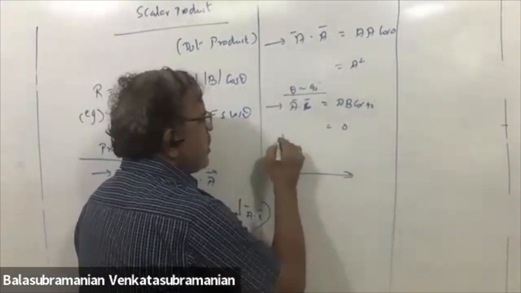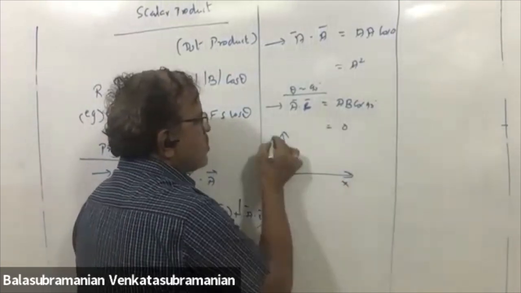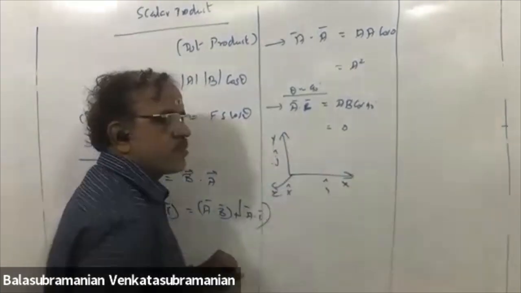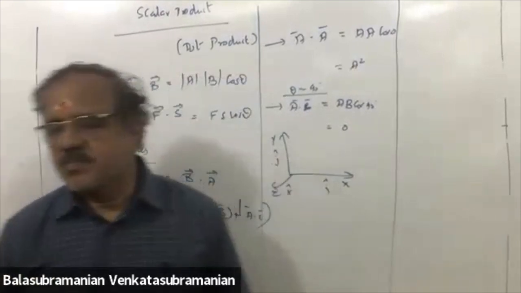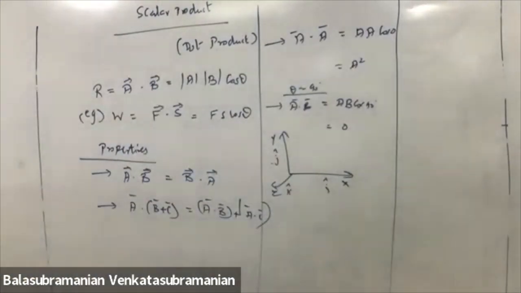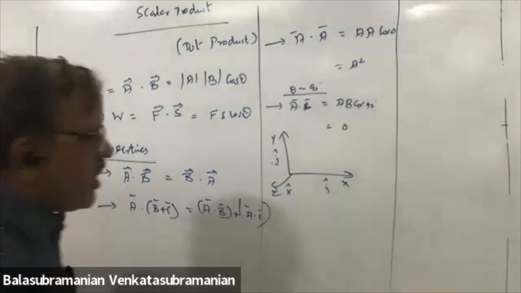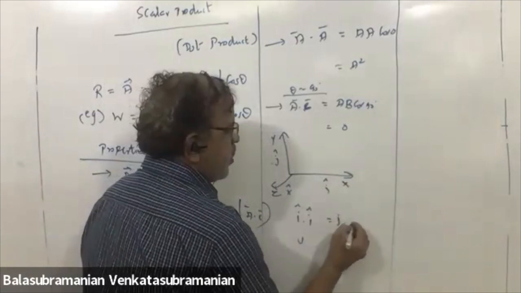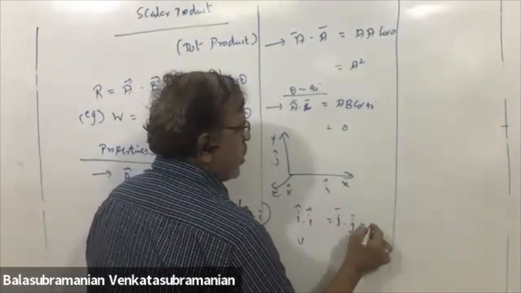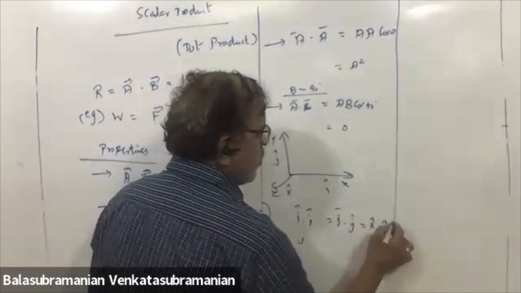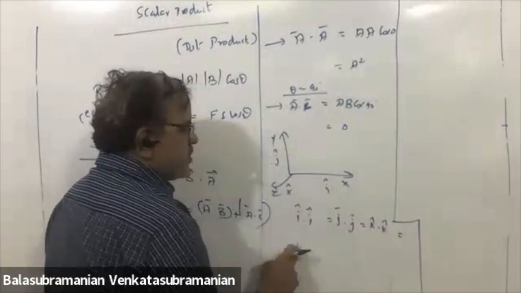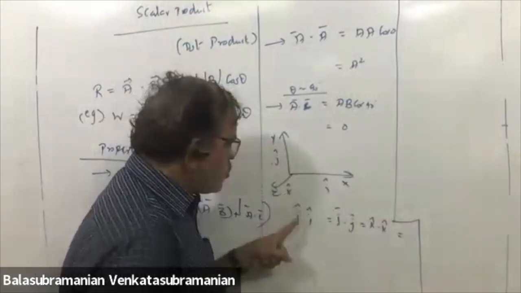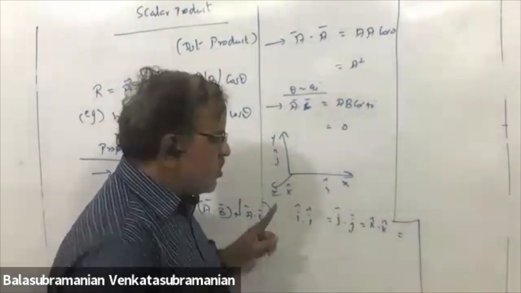Sir, I am representing IJK, XYZ, I cap, J cap, K cap. So you are representing I dot I, J dot J, K dot K. I dot I, same vector, what is the answer? A square. So I dot I, this is unit vector, this is also unit vector, so the resultant is 1.